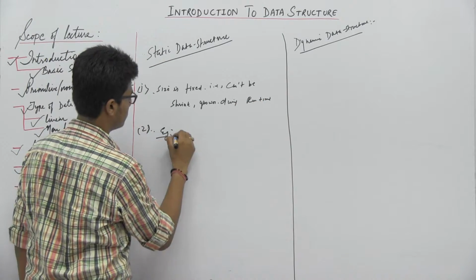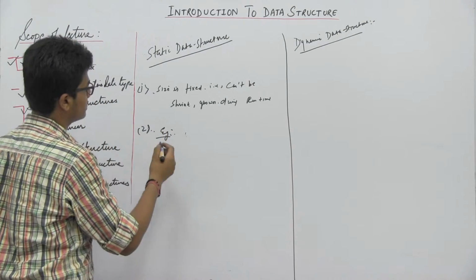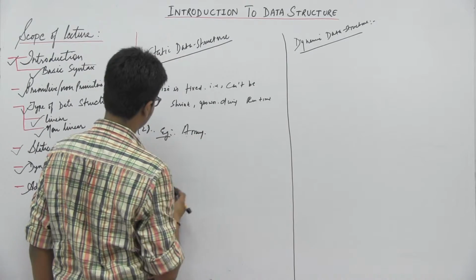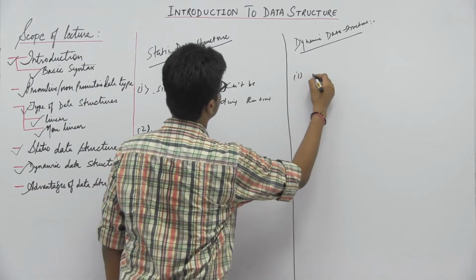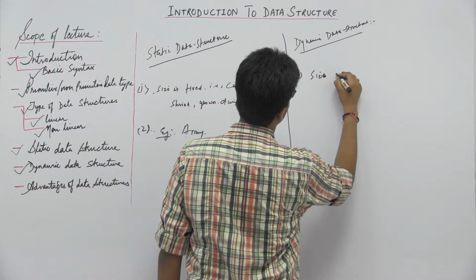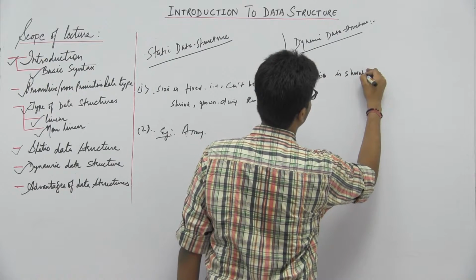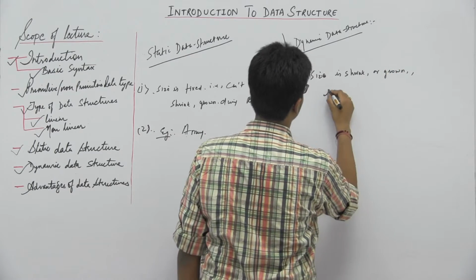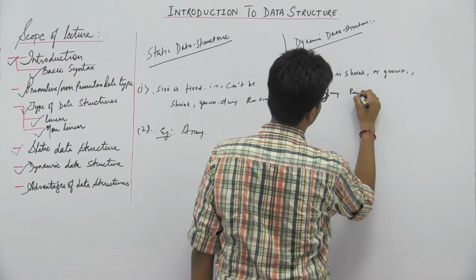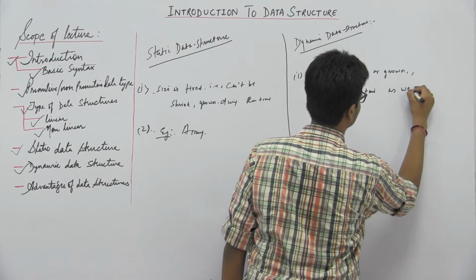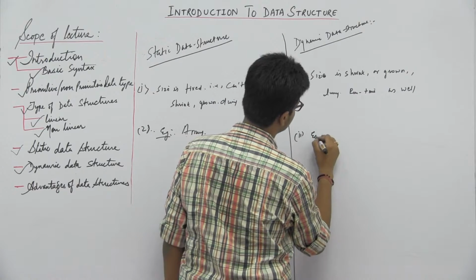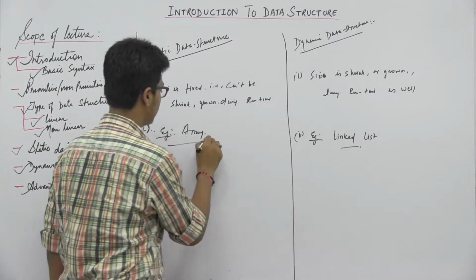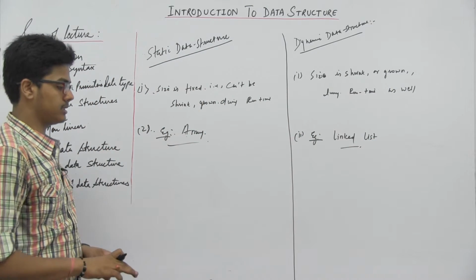An example of a static data structure is an array. Whereas in a dynamic data structure, the size can shrink or grow during runtime as well. One of the prominent examples is the linked list. So this is the important point between these.